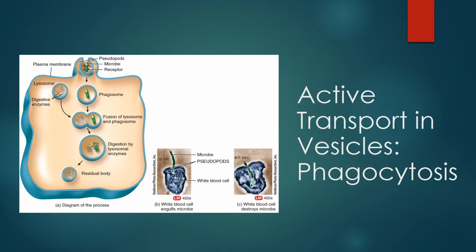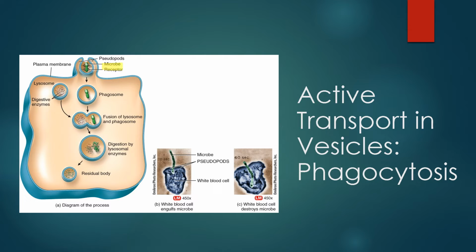The next type of endocytosis is phagocytosis, and this is the type of endocytosis where the cell engulfs large solid particles. This could be really worn out cells, this could be whole bacteria or whole viruses. Phagocytosis is really just engulfing very large particles.